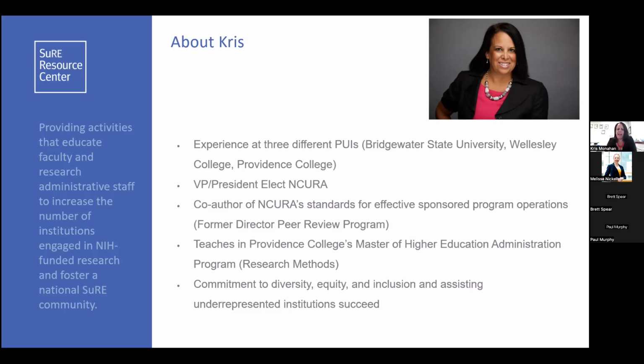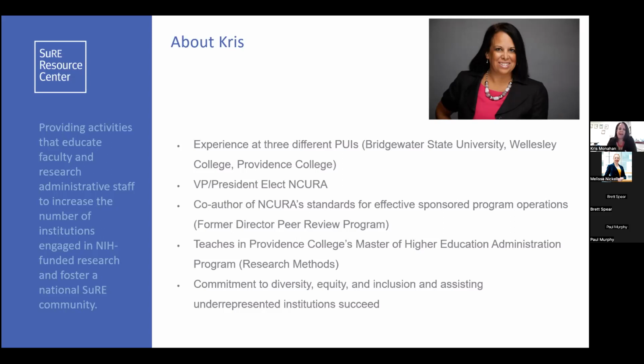I am currently the Vice President-Elect of NCURA, the National Council for University Research Administrators, which is a professional society of research administration that provides professional development support. There are other professional societies as well.